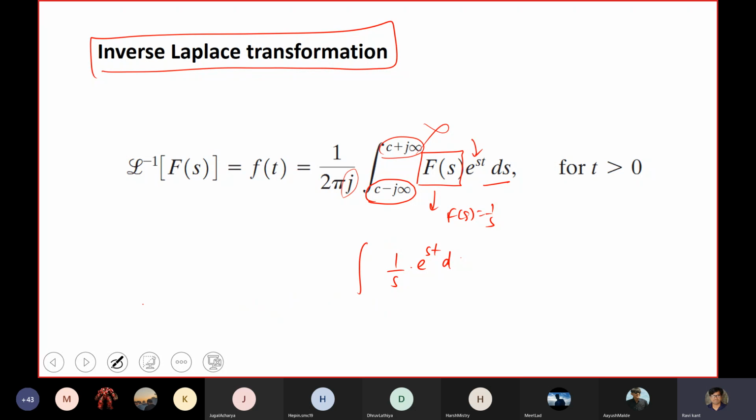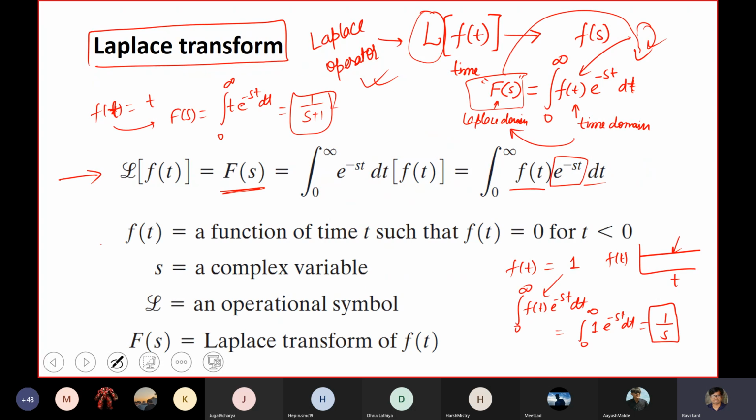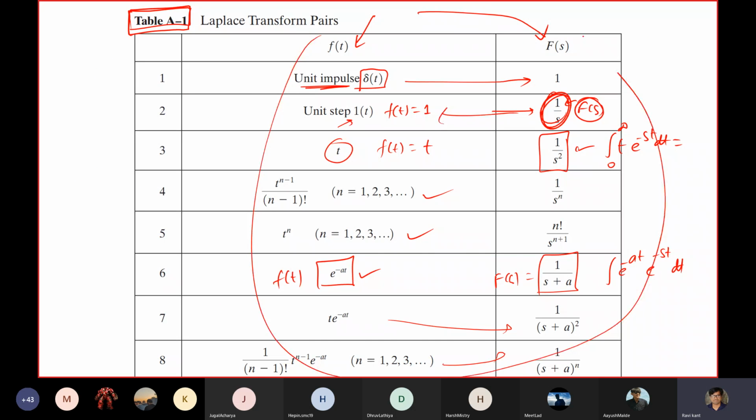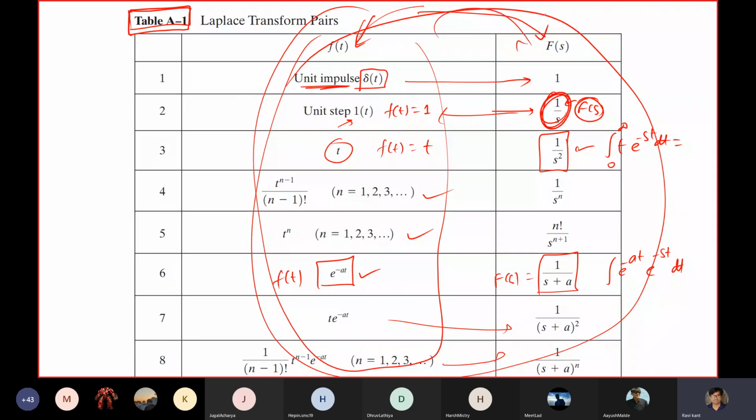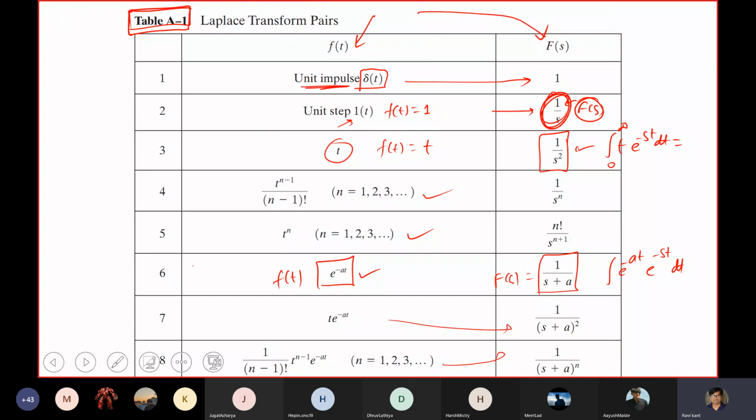This is an exhaustive table or chart. Whatever time domain thing, you can switch it to the s domain, and whatever s domain thing, you can switch back to the time domain.